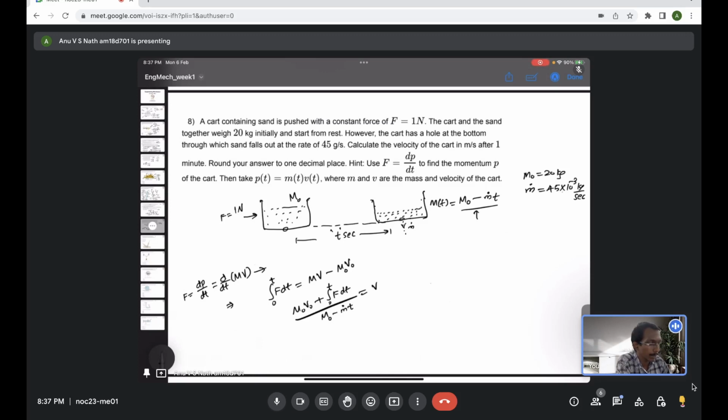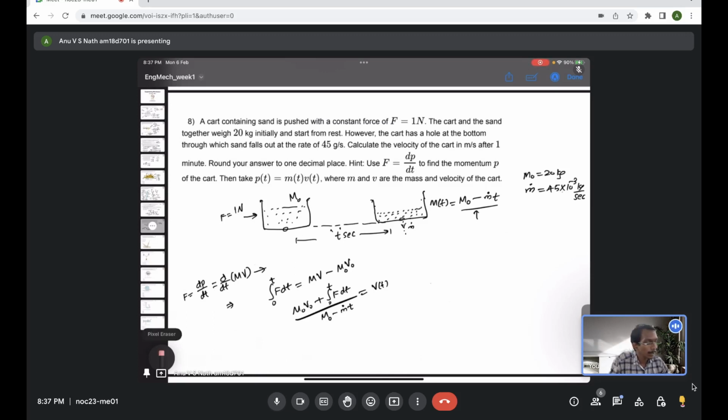This is equal to v at any time. Any question in this part? I hope this is clear.